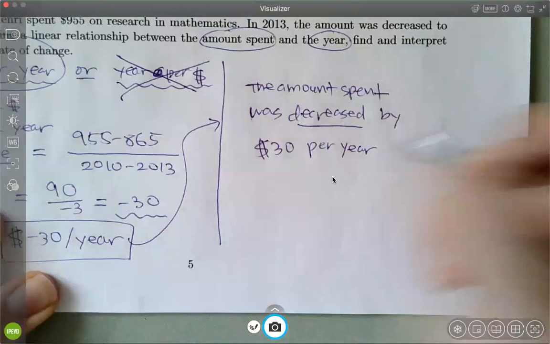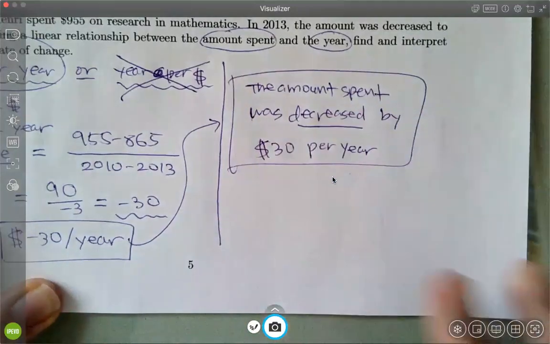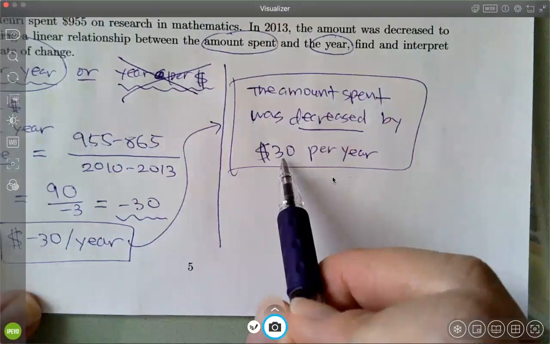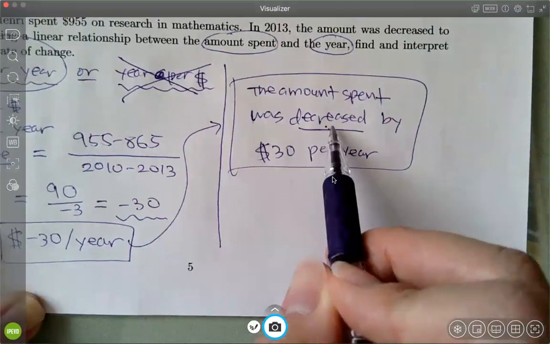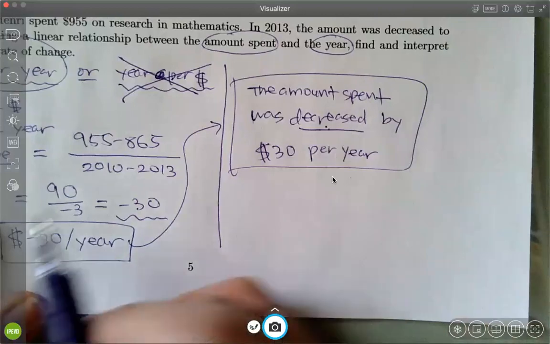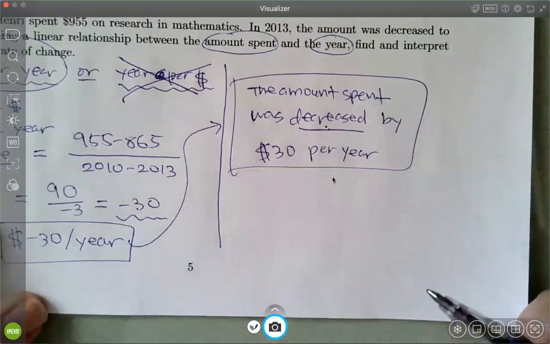That's what it means. Why don't I write the negative $30? Because the negative sign has been taken care of in the word decreased. Now, what if we got a positive $30 per year? Then we would say the amount was increased by $30 per year. That's what the average rate of change means.